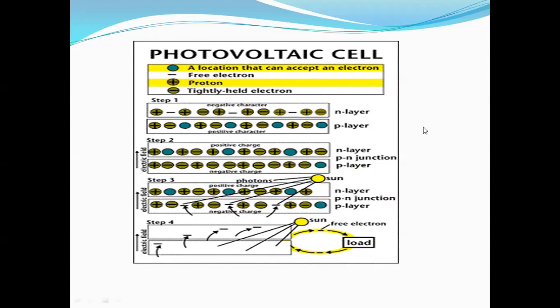So solar energy is converted into direct electric energy. I'm repeating: the main principle of the photovoltaic cell is converting solar radiation into direct electric current.